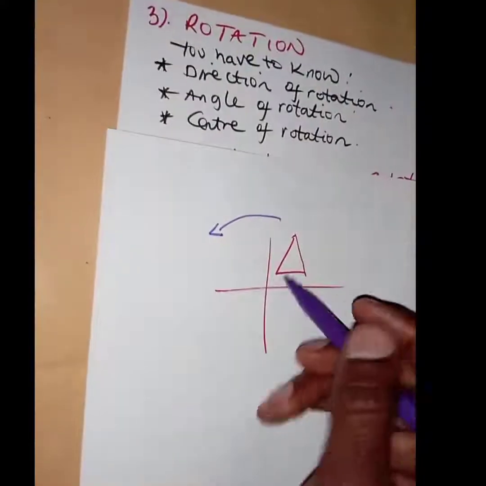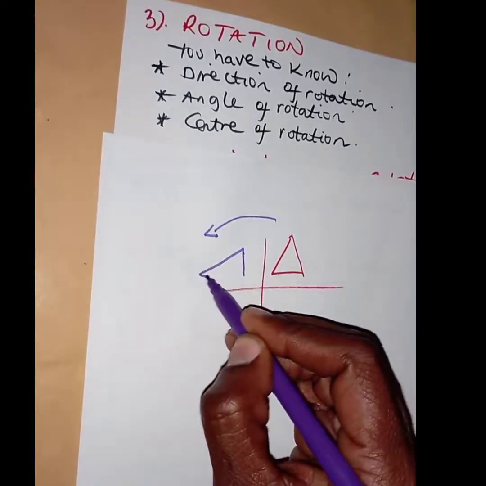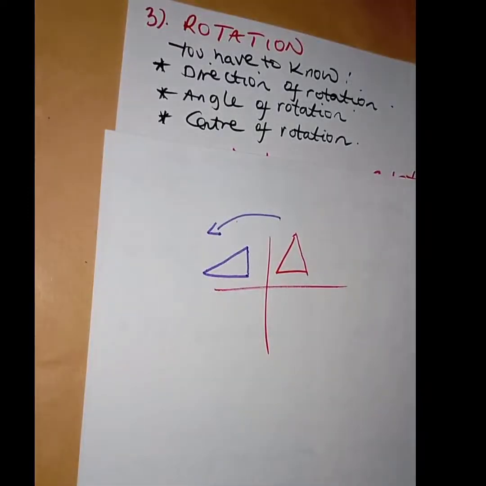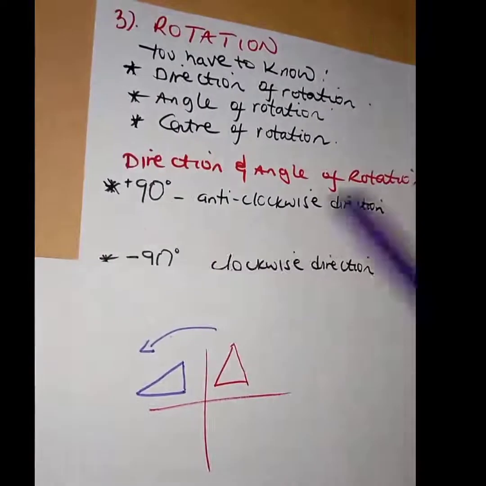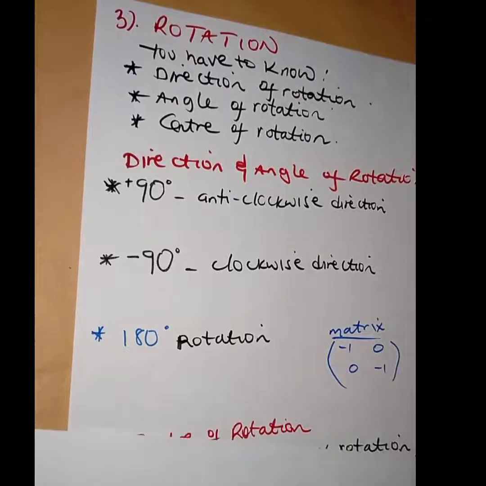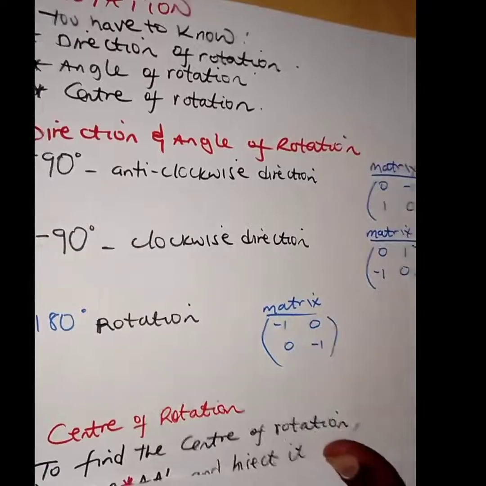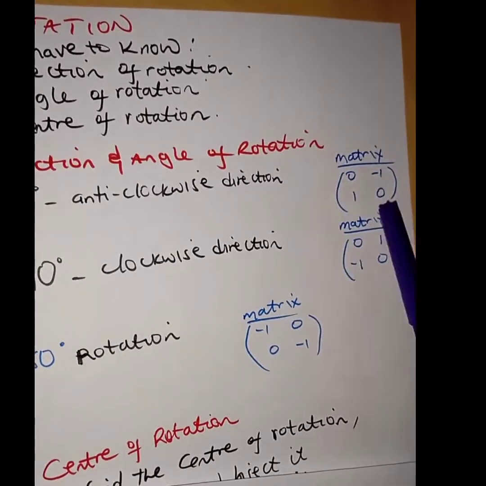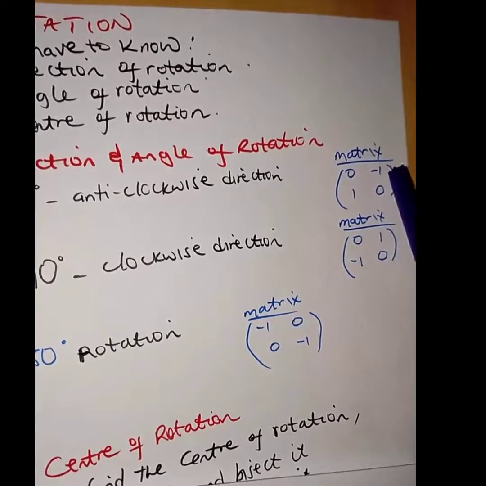So this object will be like this. You see, it has moved in an anti-clockwise direction. This is 90 degrees. And the matrix for this movement is 0, -1, 1, 0. The negative is just on the top number 1.